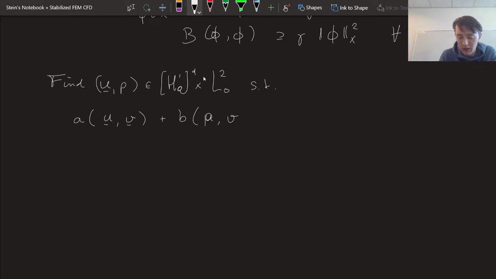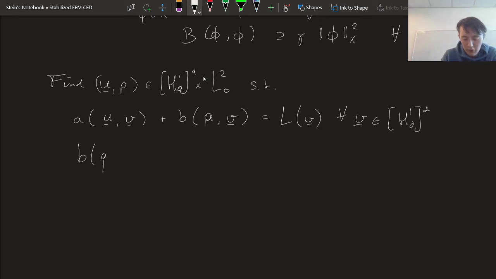I'm not sure if I'm being completely consistent with what I've written before, but I think that's fine. And that's going to be equal to some linear form for all v in H1 0 D. And the second one is b of q comma u is going to be equal to 0 actually. And that's going to be true for all q in L2 0.